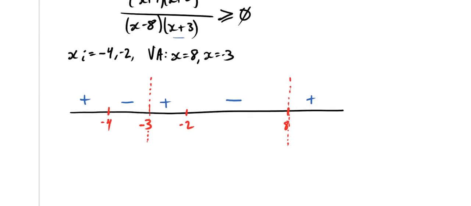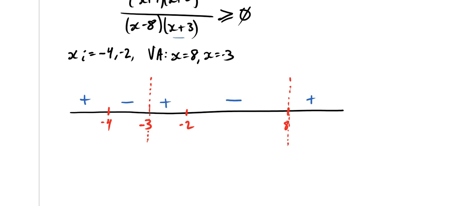And there's something really important that happens in this question, which is the reason why we include the asymptotes. The question says, when is this function greater than or equal to 0? Think about what that means, when it's equal to 0.